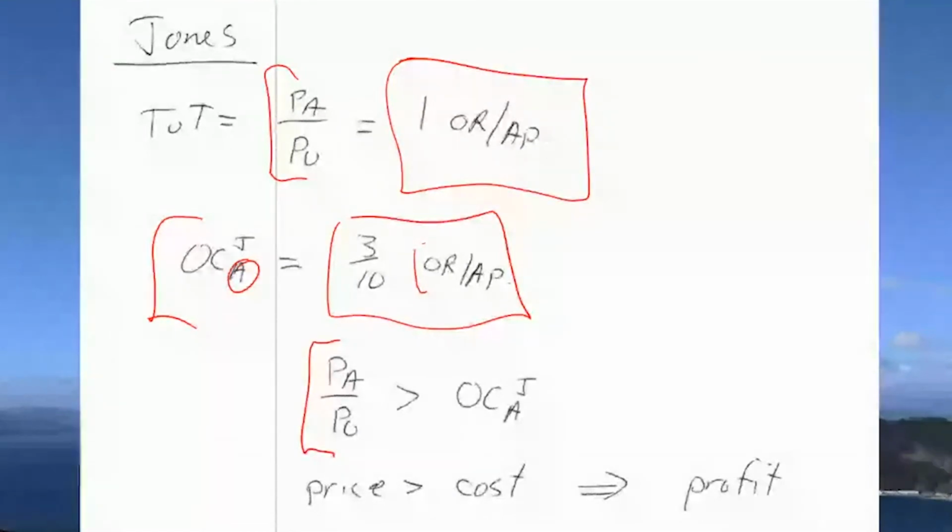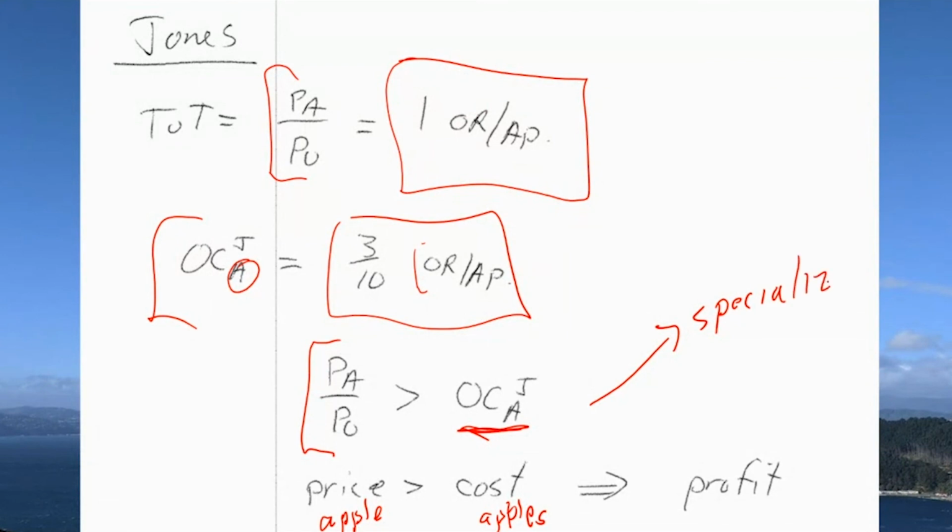The price of apples in terms of oranges is greater than his opportunity cost of apples, also in terms of oranges. So for him, the price of apples is bigger than the cost of apples. And that means he can make more profit if he produces more apples. So this is going to lead him to specialize in the production of apples.